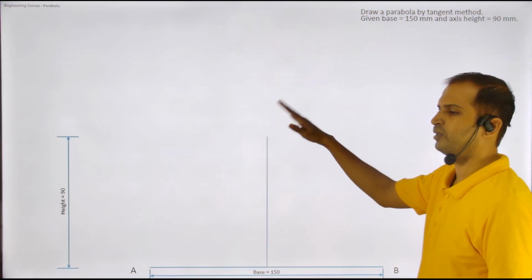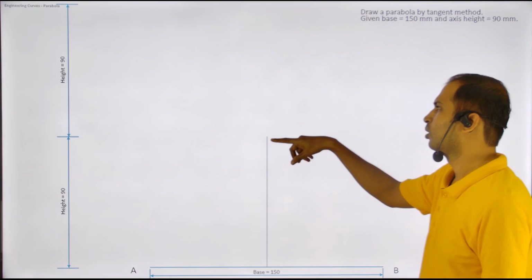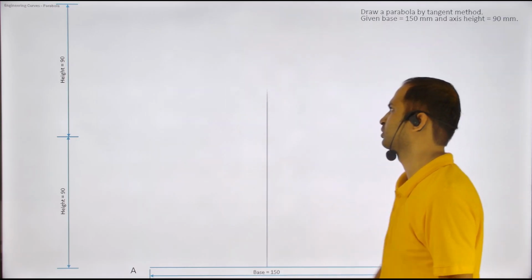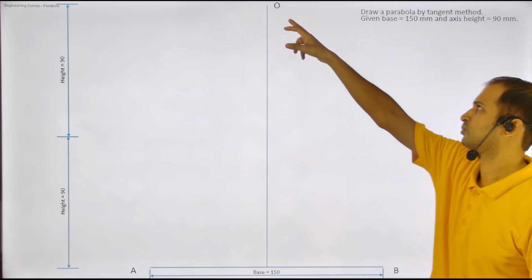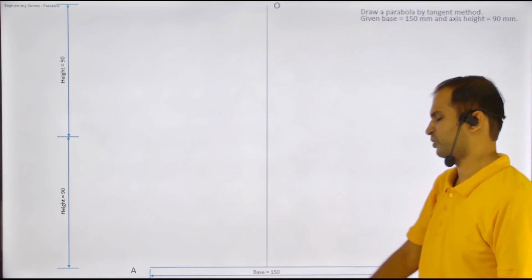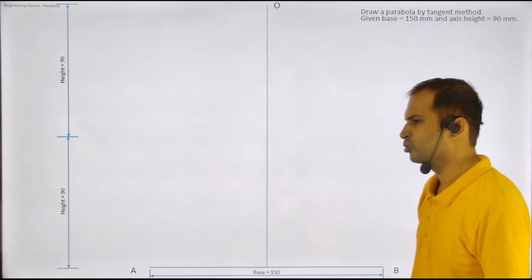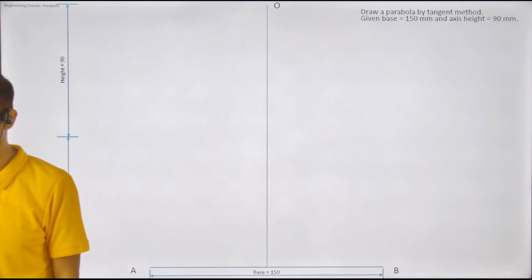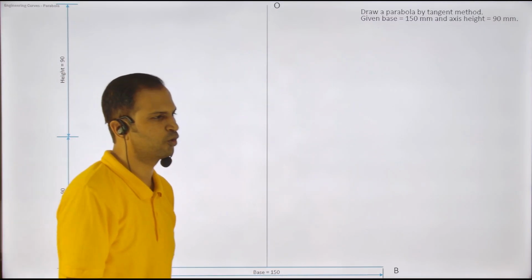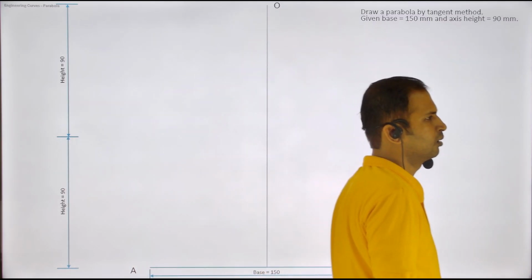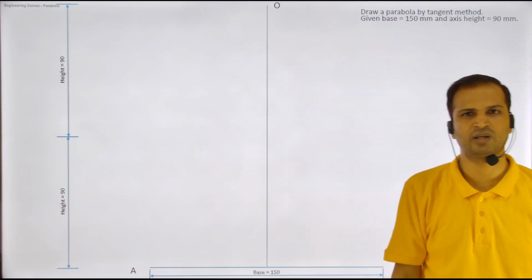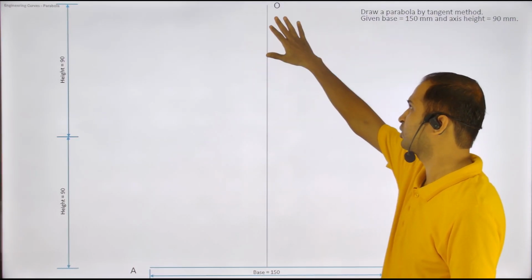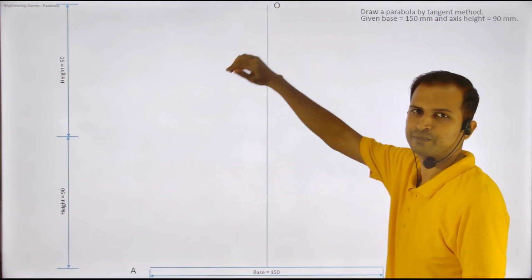This is 90, but I have to take double the height and extend this upwards. So this goes somewhere over here. This is O. This is the base. This is the first step in the tangent method: we take 2 times the given height of the parabola. Whatever the parabola height is, for constructing that parabola, we take double the height.